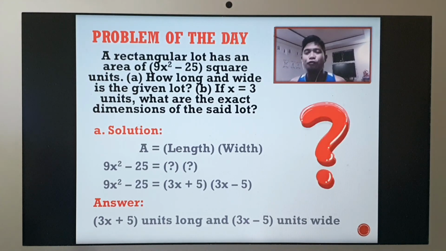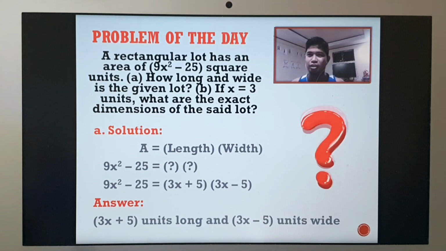Very good. It is really 3x plus 5 times 3x minus 5. Thus, we can say that the lot is 3x plus 5 units long and 3x minus 5 wide, or vice versa.